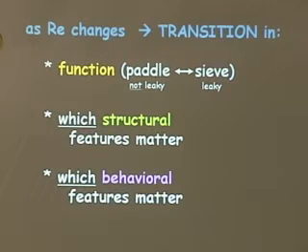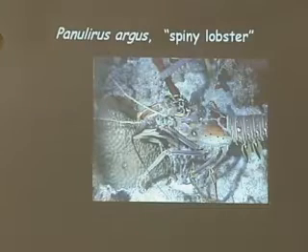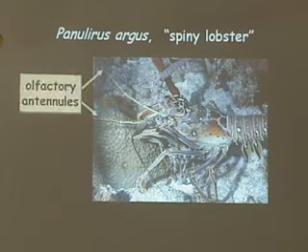So this is all a little weird, but keep it in mind because it will help us understand noses. Okay, so let's apply these principles to flow through the arrays of hairs we find on hairy antennules. And let's start out considering the example of the olfactory antennules on spiny lobsters.